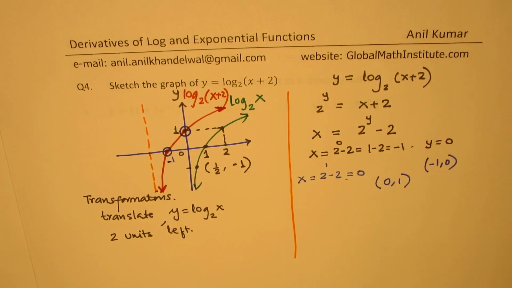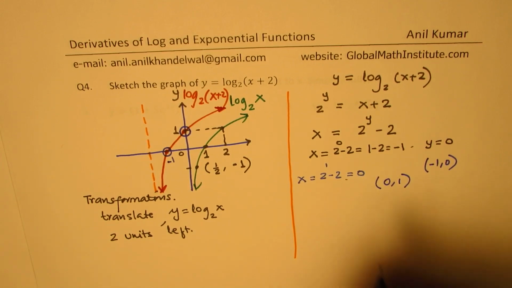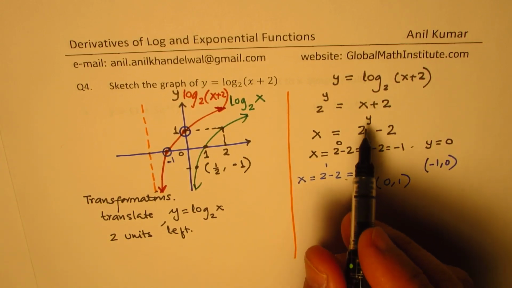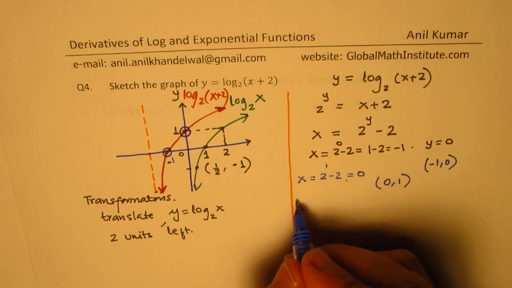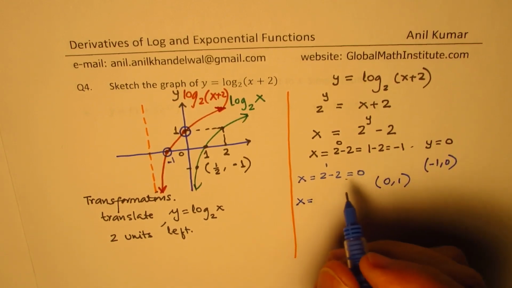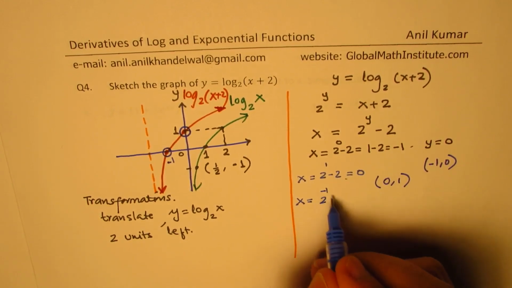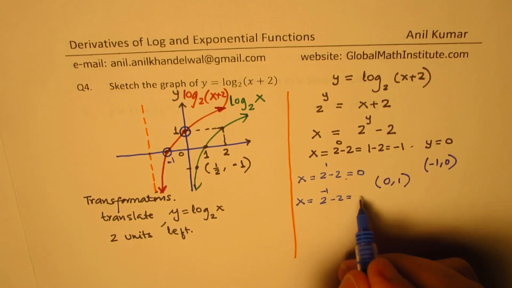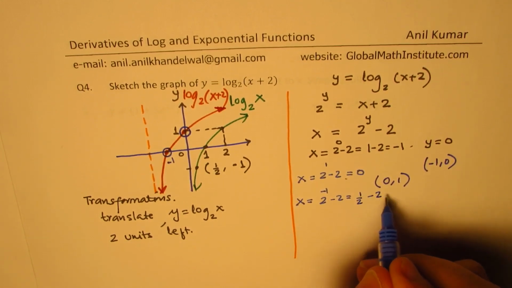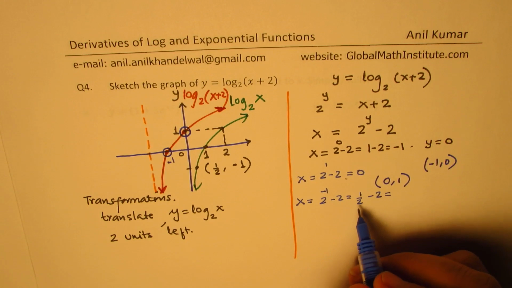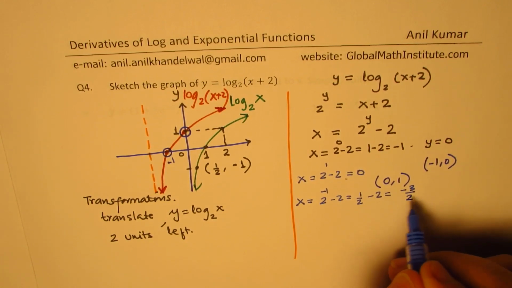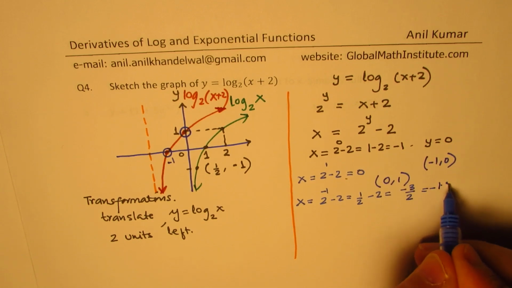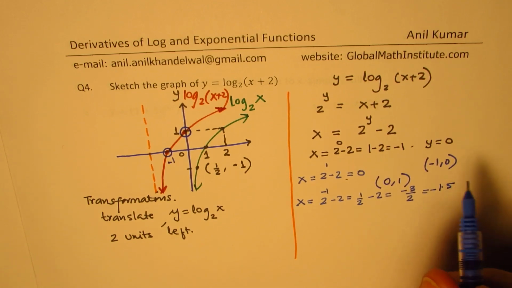And if I substitute -1 for y, we get x equals 2 to the power of -1 minus 2, which is half minus 2, or 1 minus 4 over 2, which is -3/2, or -1.5.